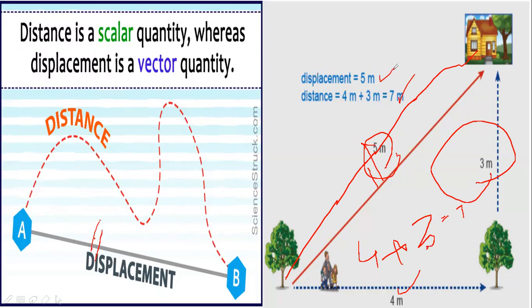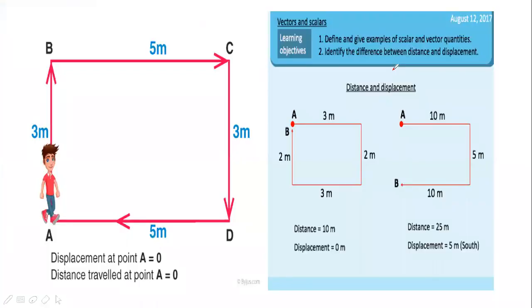Now I think you understand better. In this case, this boy starts from point A and goes in the upward direction.